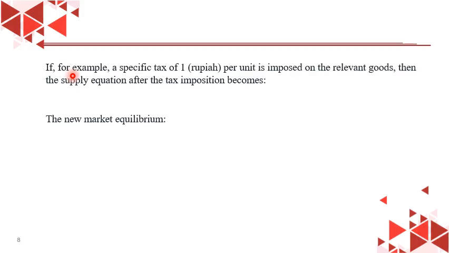If the tax is added here, then remember what function will be changed if we add a tax or a subsidy. Yes, it's the supply function that will be changed. So the PS over here will be transformed to PST.